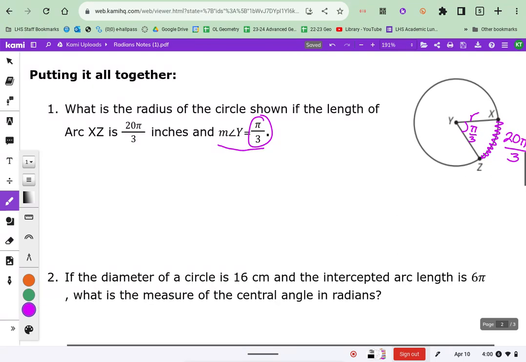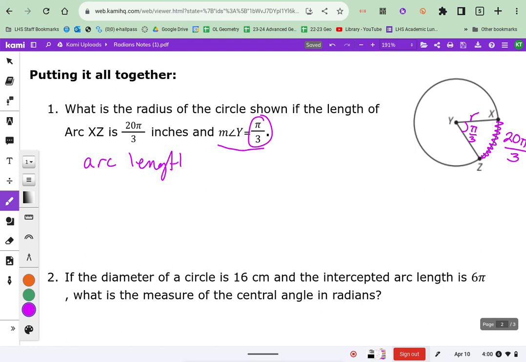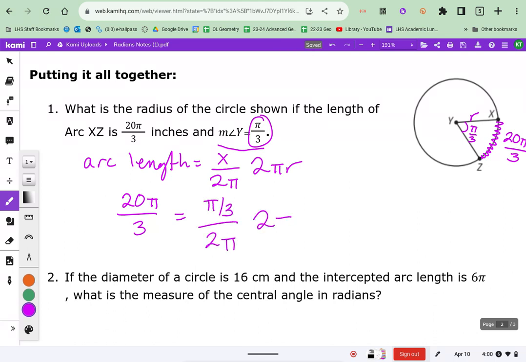Okay, so I'm going to use the equation. So the equation says arc length equals radians, or x, over 2 pi times 2 pi r, because that's my circumference formula. So we can plug in what we know. Arc length is 20 pi over 3. I know my x is pi over 3 radians over 2 pi, and then times 2 pi r.